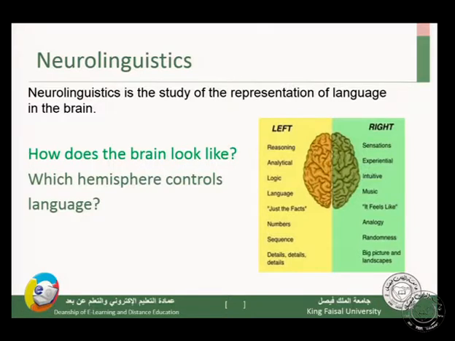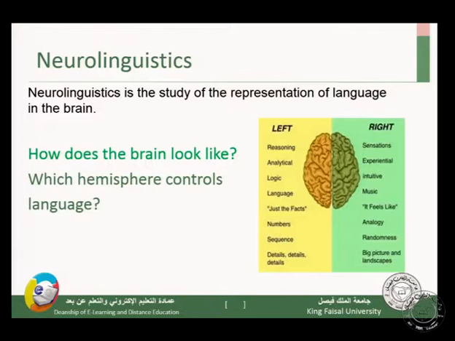So the brain can be divided into two parts: the left hemisphere, the left side of the brain, and the right side of the brain, which is called the right hemisphere. It has two halves, the right and the left.